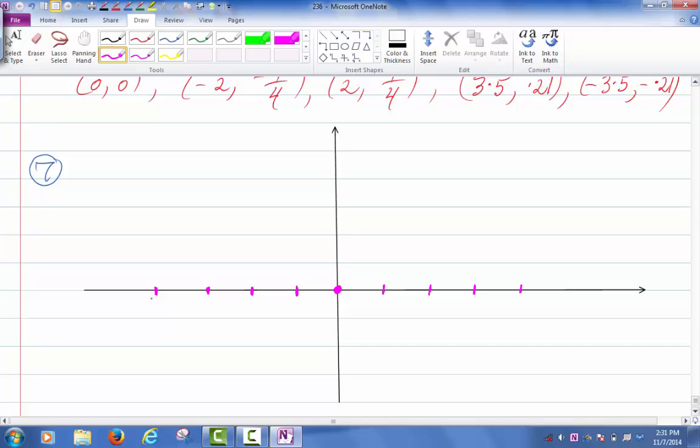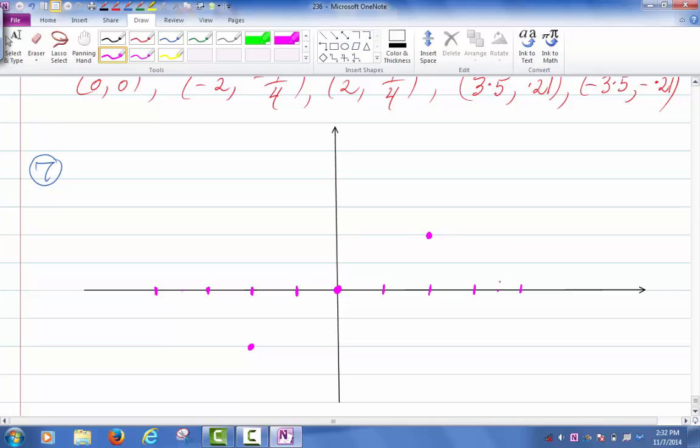What point do I get for negative 2? I get about 0.25, right? So let's say 0.25 is right here, okay? My scale for y-axis is different. 0.25 is there. At 2, the value is 0.25 positive, so that's the point I get. At 3.5, which is right here, what's the value? 0.21, right?